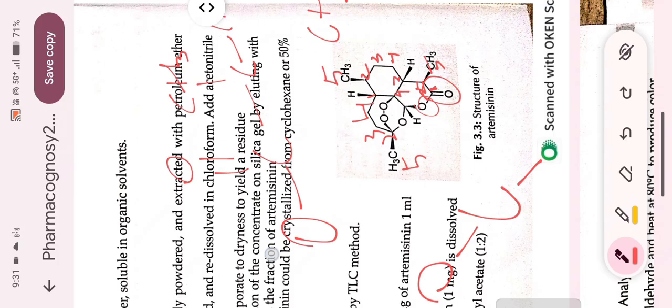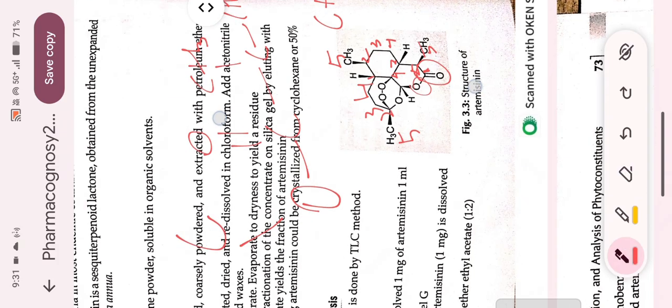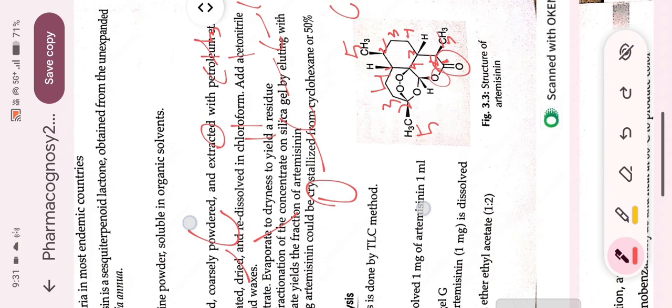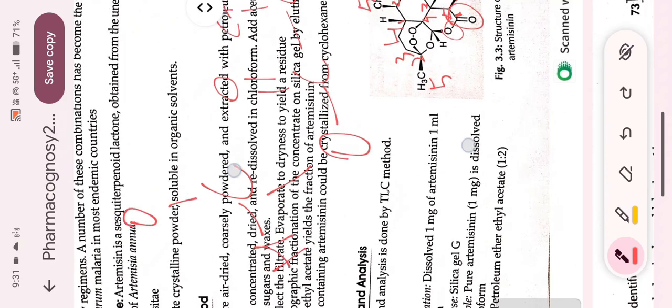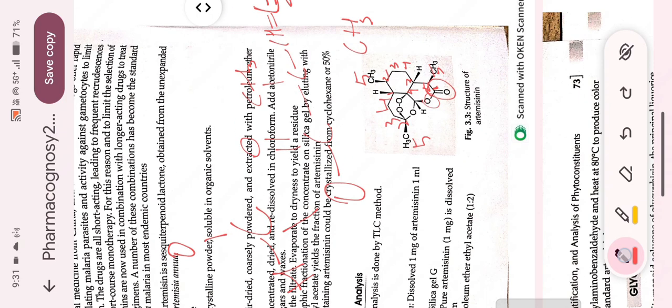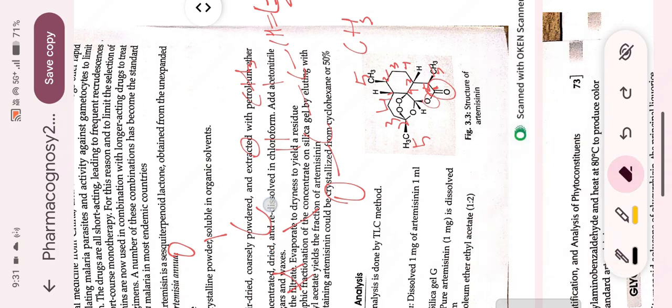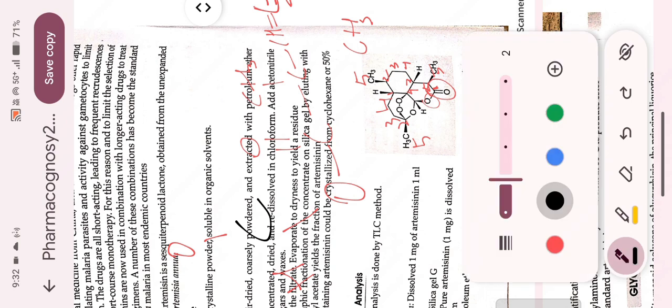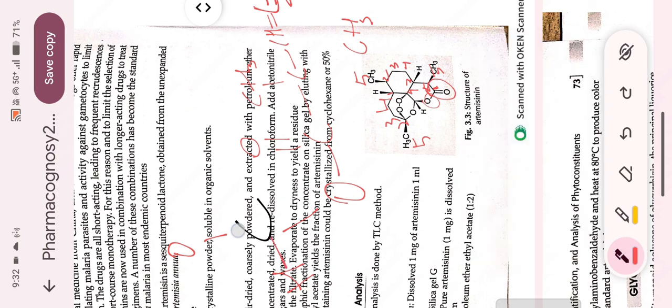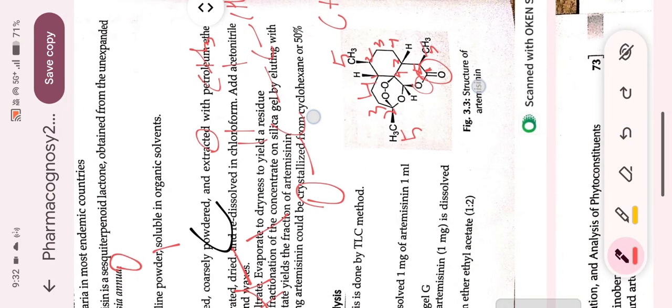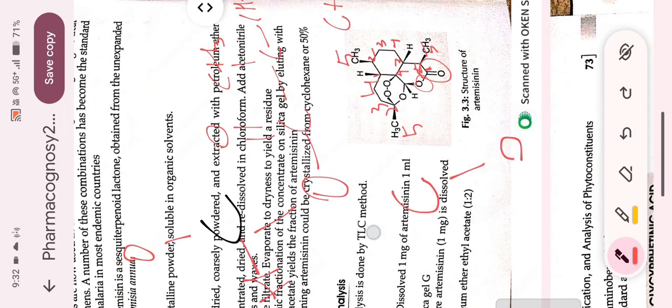This oxygen is already connected with one carbon, and that carbon is connected with one hydrogen and one oxygen, which is not part of the triterpene. I will just change the color. So this is not part of isoprene, but it is a functional group kind of thing, like COC, whatever it can be.